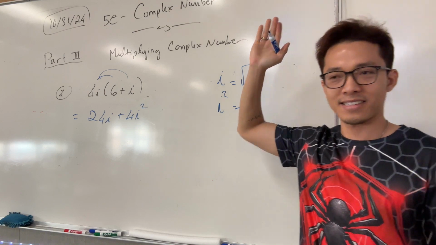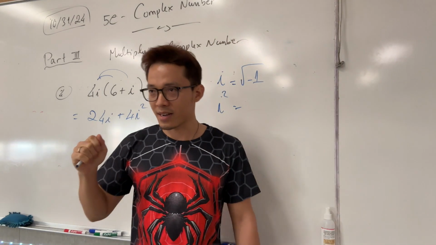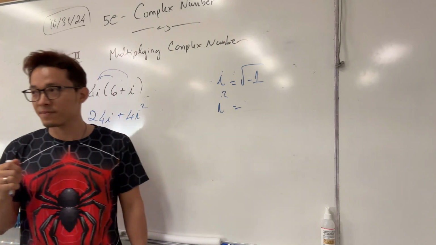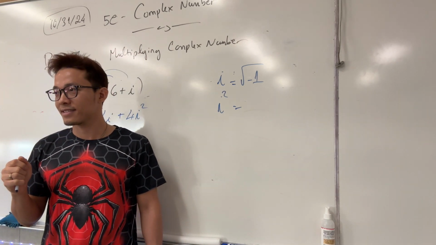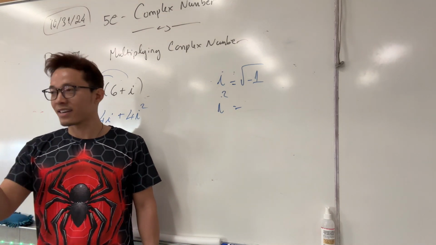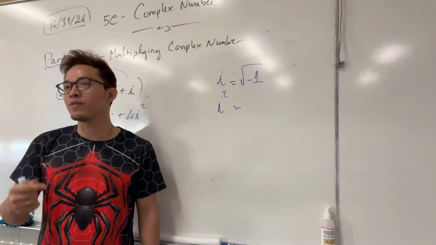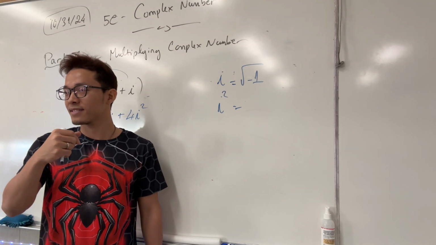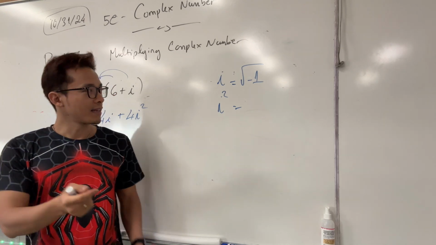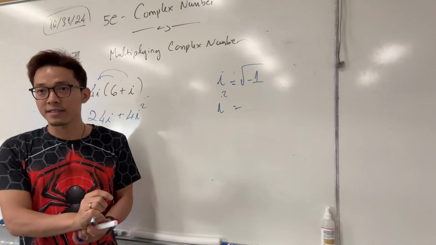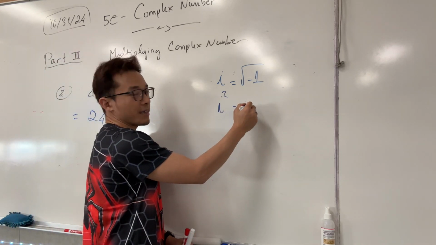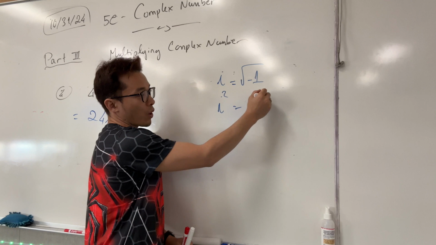Alright. Brianna, what is i squared? Why is it negative 1? How do you prove it? i squared is square root of negative 1, squared.